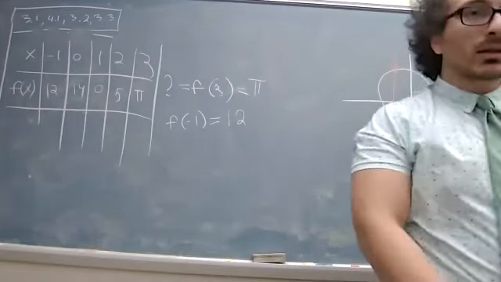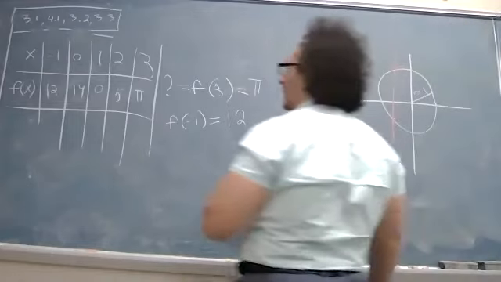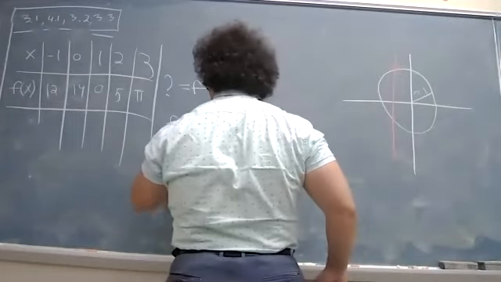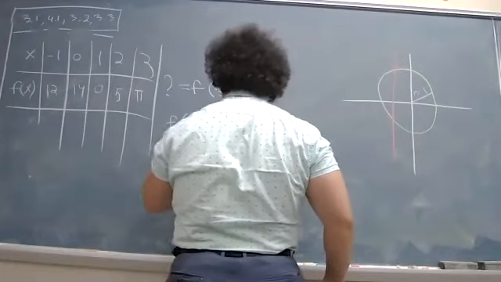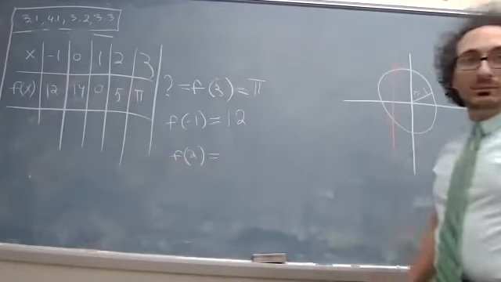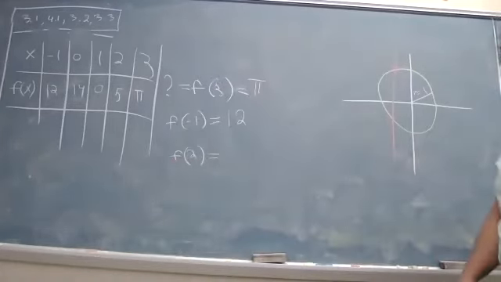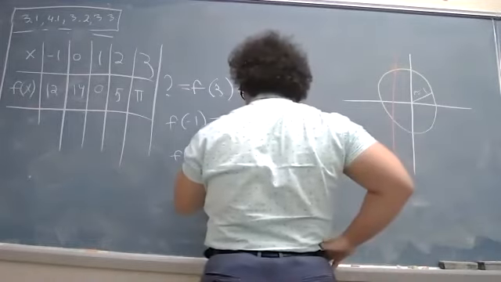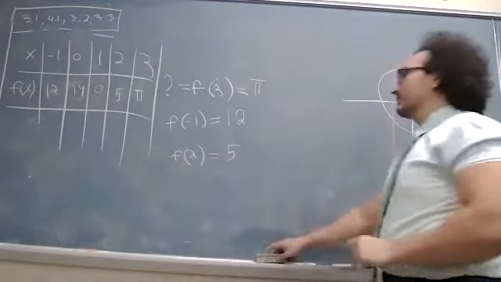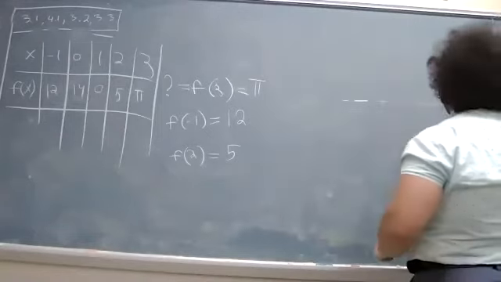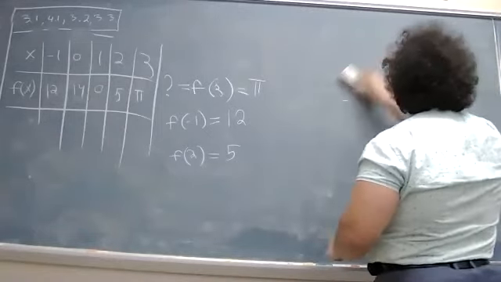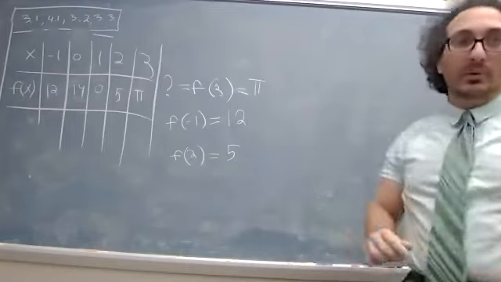Okay. And what would f of 2 be? 5. I know. It's getting pretty trivial up in here.